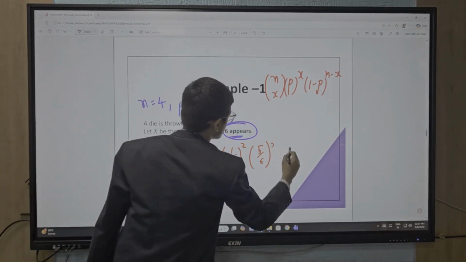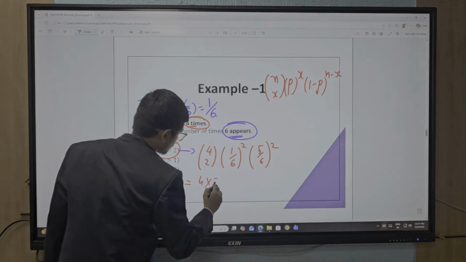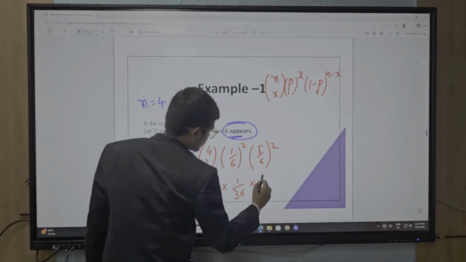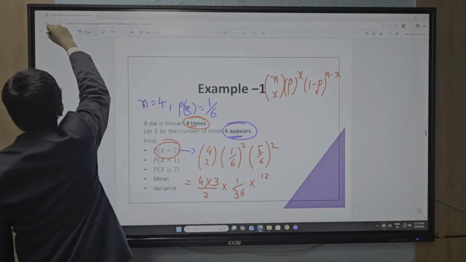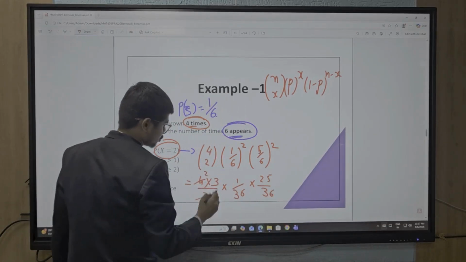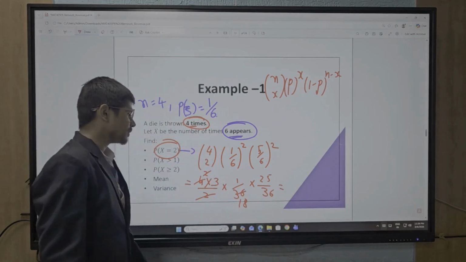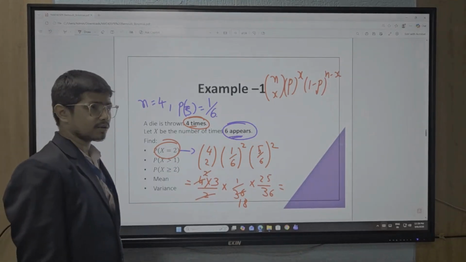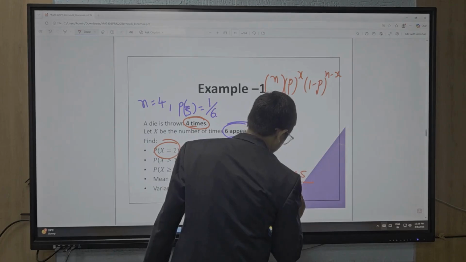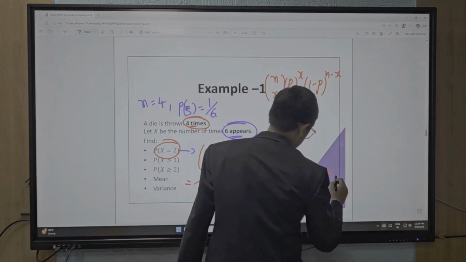Now solve this: 1 by 36 and 25 by 36. So here 2, and 18, and you can solve this. The answer you get is around 648 by ... and 25.